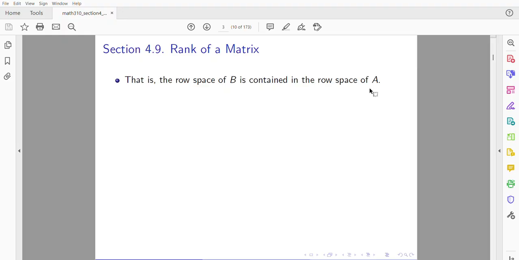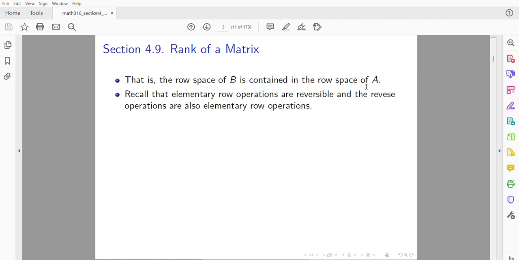Linear combinations of rows of B make up the row space of B. A linear combination of rows of B is a linear combination of rows of A. So the row space of B is contained in the row space of A.